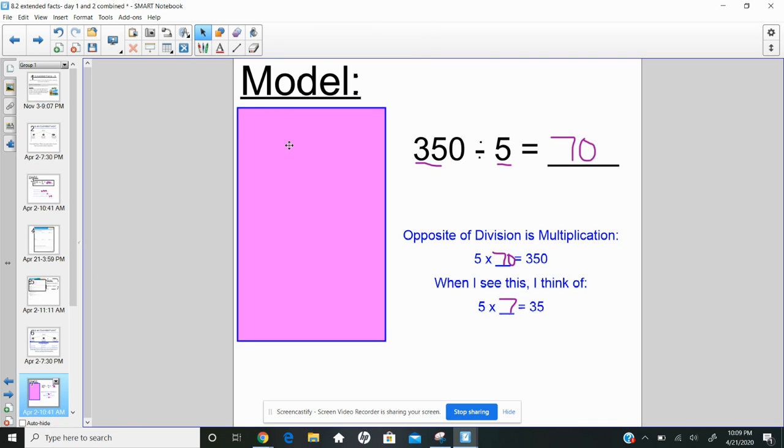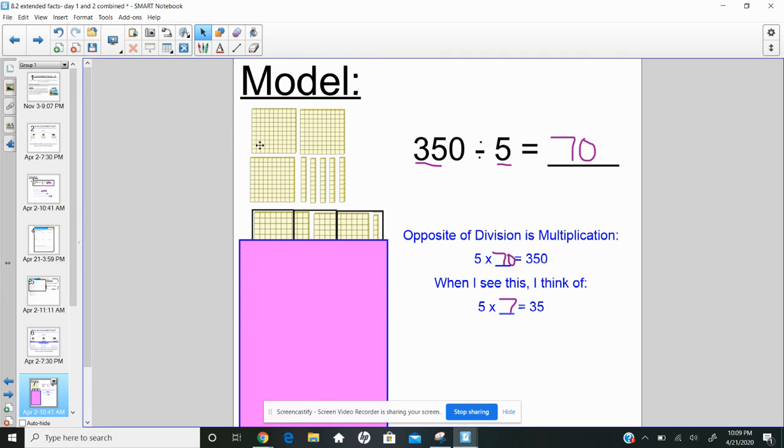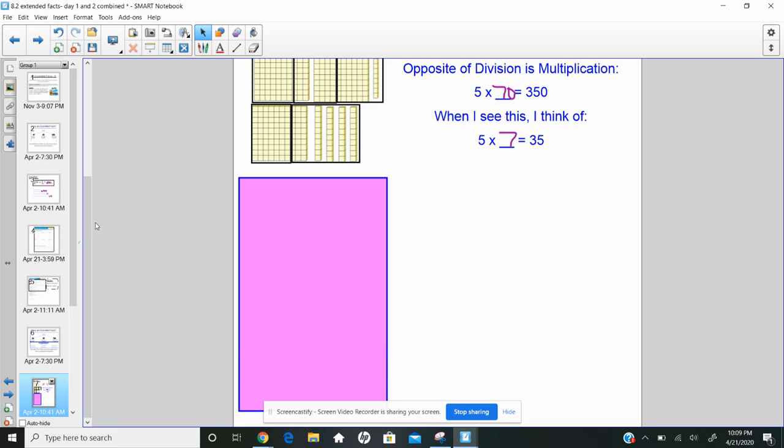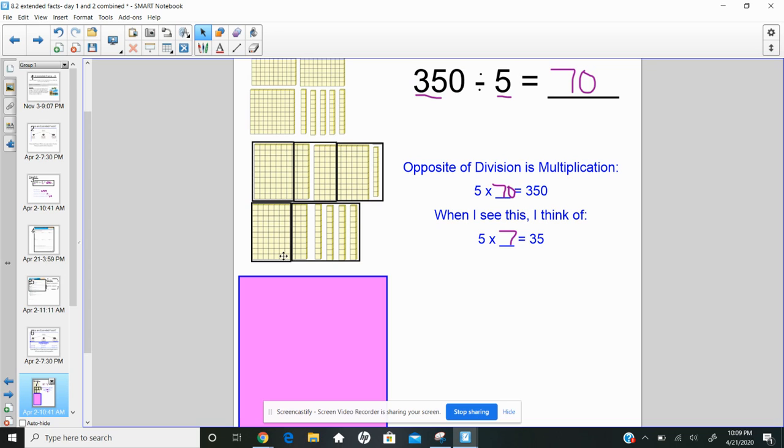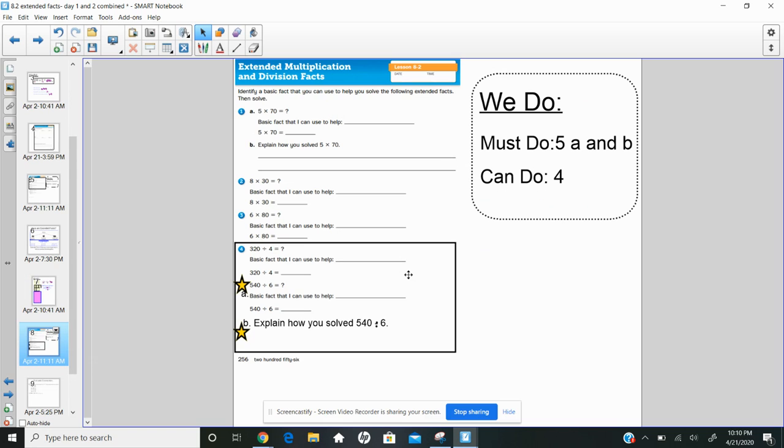If you think of this with blocks, if you look here, here's 350, 300, 10, 20, 30, 40, 50, and then you're breaking that up into groups of 5, and then every one of these groups would have 7. 10, 20, 30, 40, 50, 60, 70, because this would equally split up into 5 equal groups of 70.